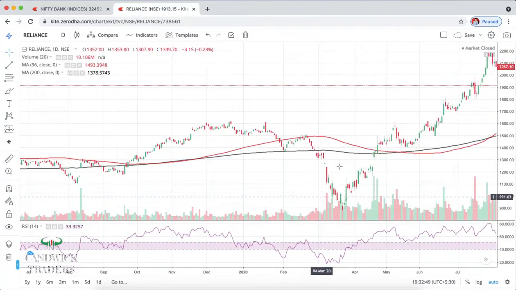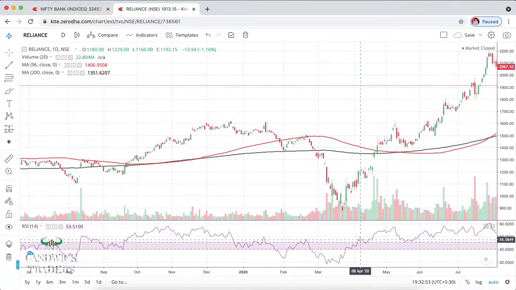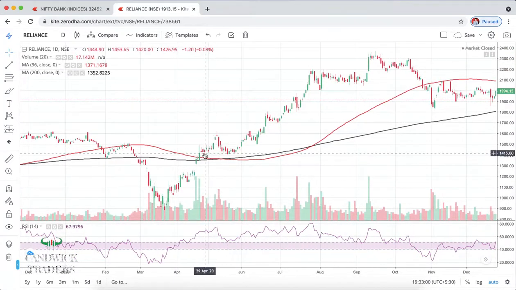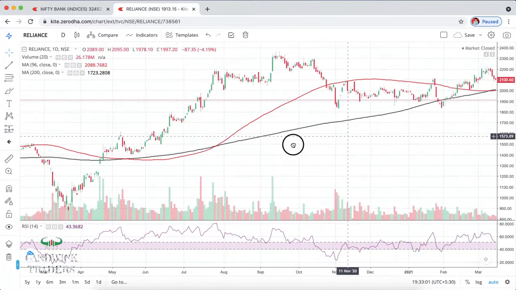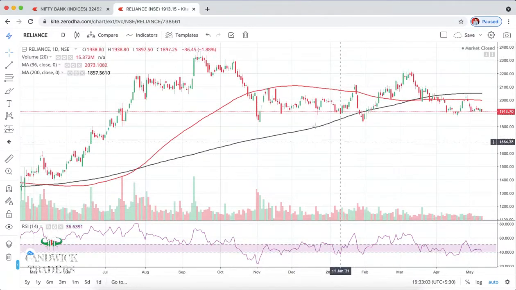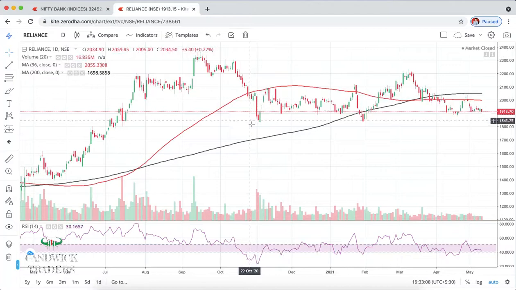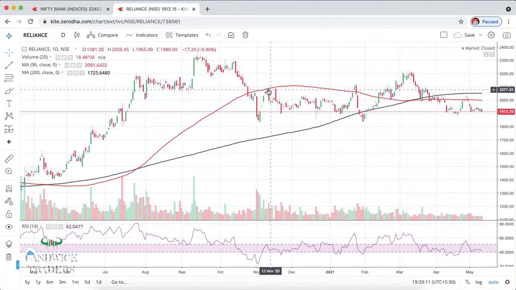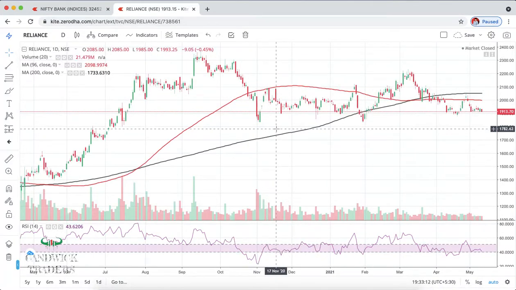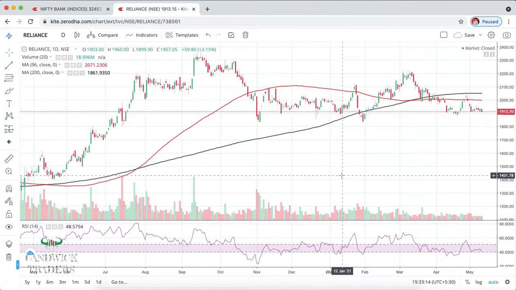So definitely we would exit at these levels, or else when RSI is crossing above the band, consider this also an exit scenario. This is the move we can catch, and this is all a no trading zone. If you get this kind of scenario, there is no trade zone for the stock.